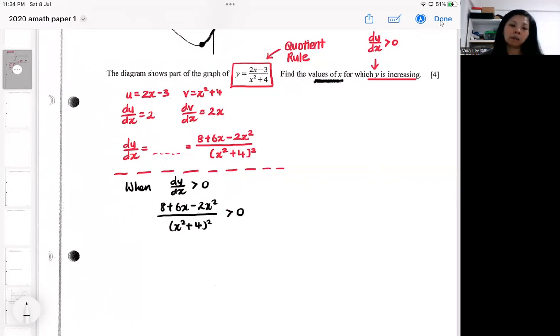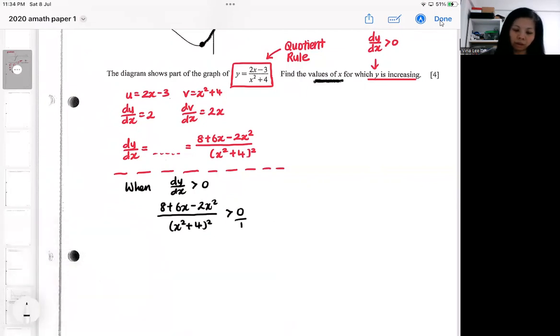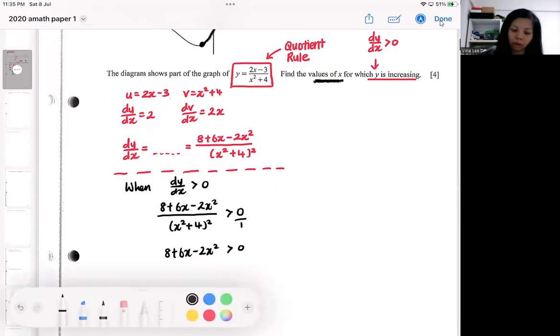After this part, some students will think of cross multiplication. They will do something like this, and then eventually get something like this here. If you are the one who thinks of cross multiplication, your thinking is actually not very correct.